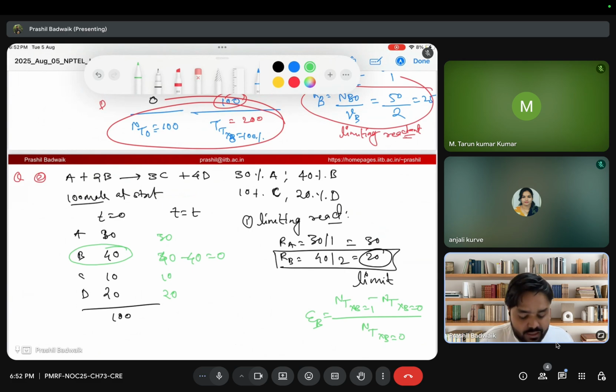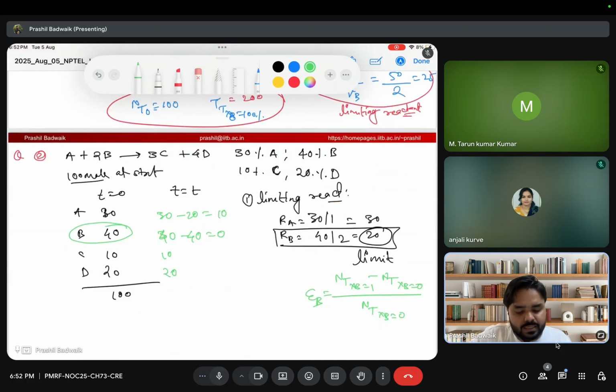If B is reacted fully, the number of moles of A that will be reacted is 40 divided by 2, because half of it reacts, correct? So 40 divided by 2 is 20, and then there will be leftover. Okay, so this is 10, sorry.